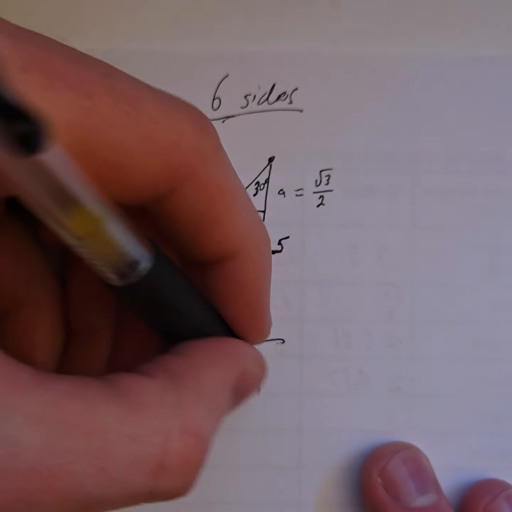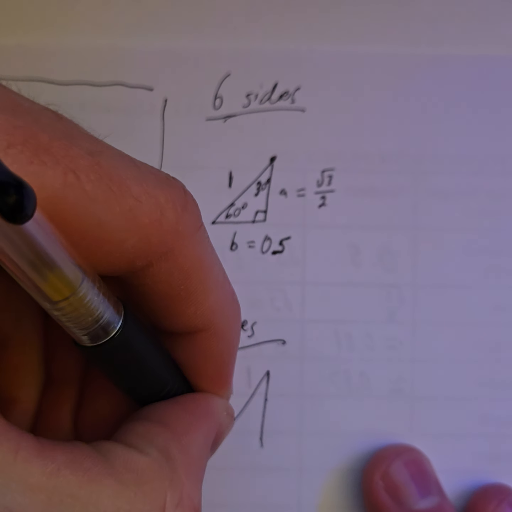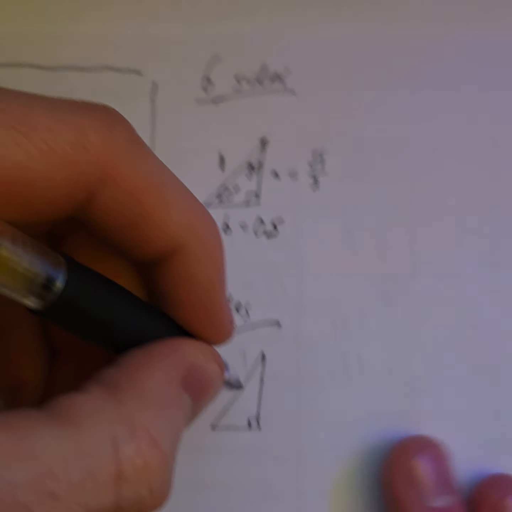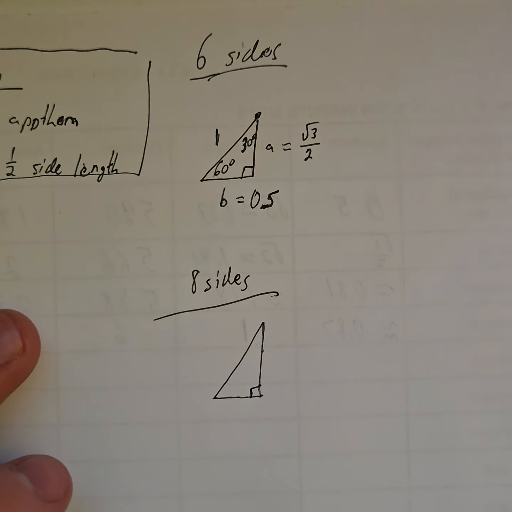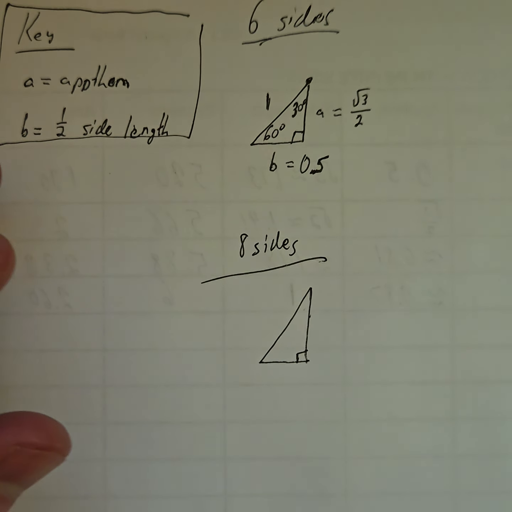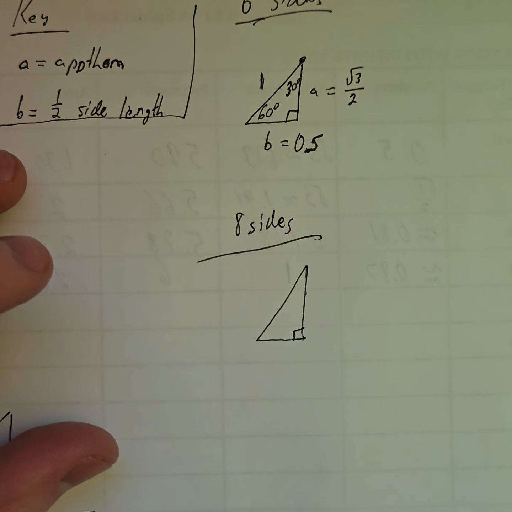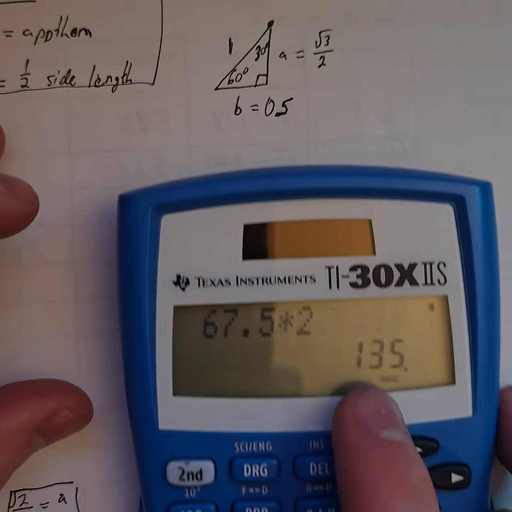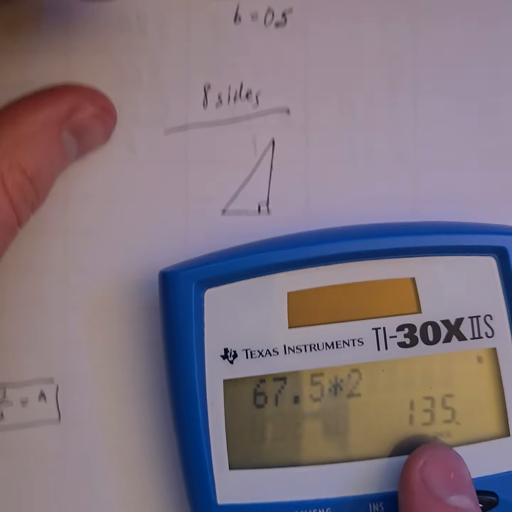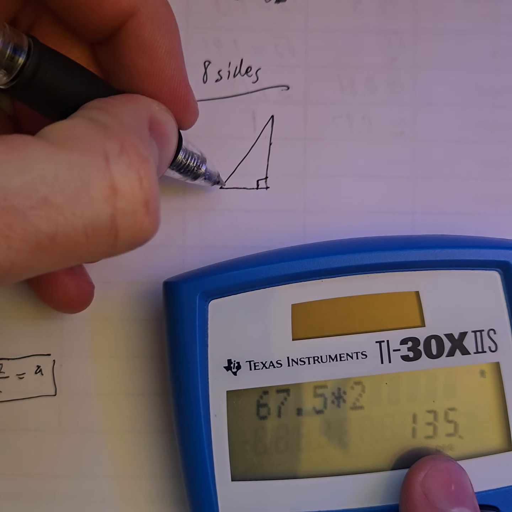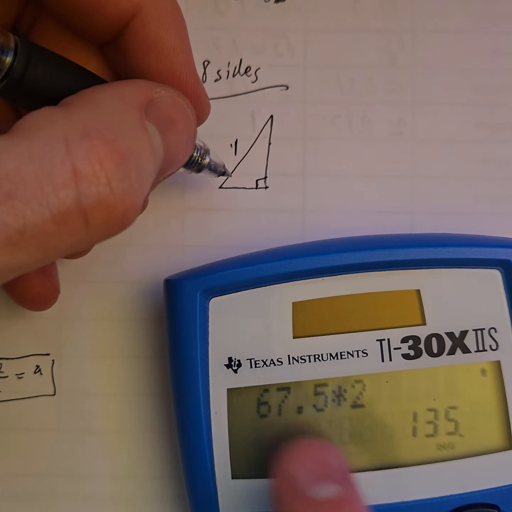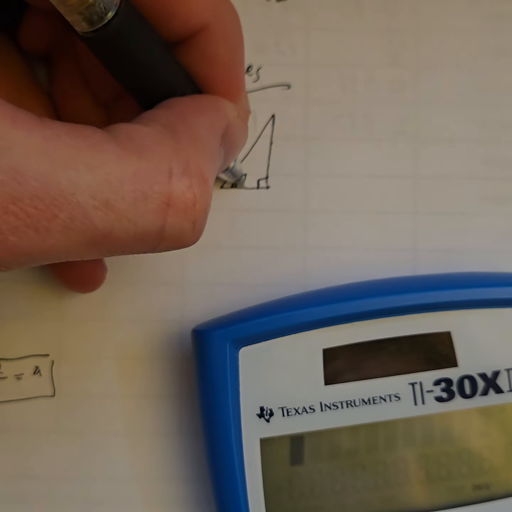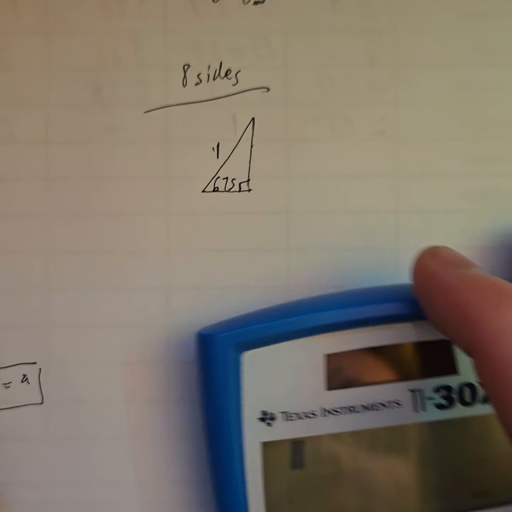All right, so for 8 sides, if we draw that half triangle of the octagon, when you type that into your calculator, you should get 135 as your angle, okay? But then you cut that in half because that radius again cuts it in half, and you get 67.5. So this angle right here is 67.5.